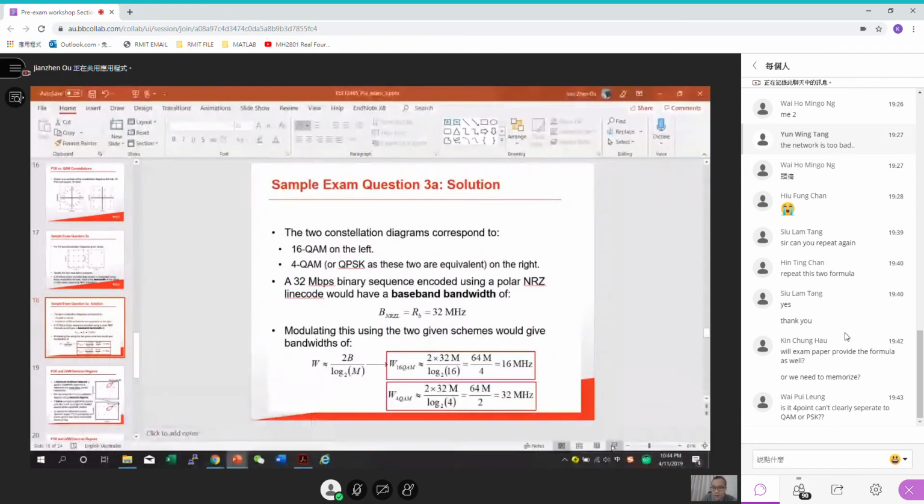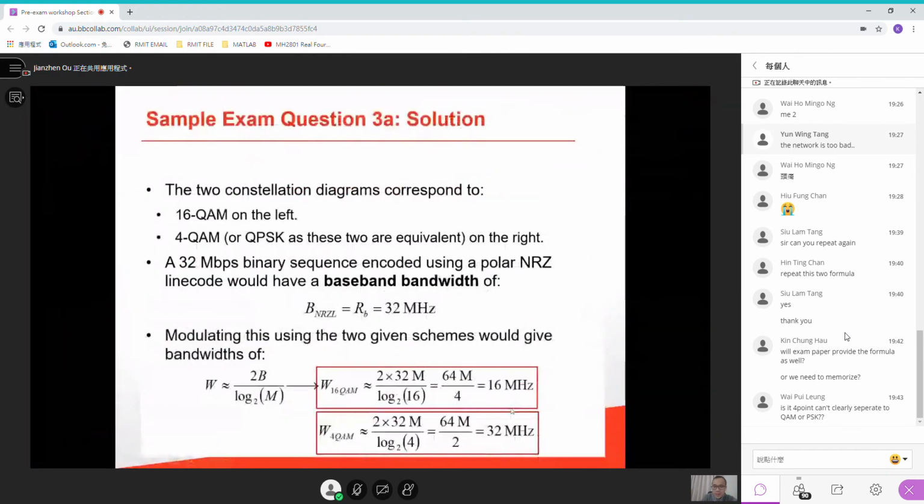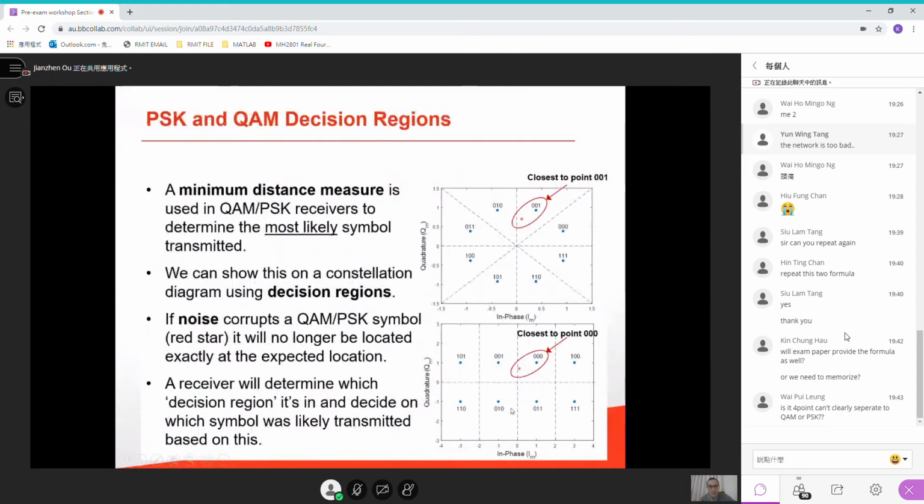Okay, so let's move next to the decision regions. So later on, it's just the comparisons, right? So in a constellation diagram, you get different bit regions for different symbols.